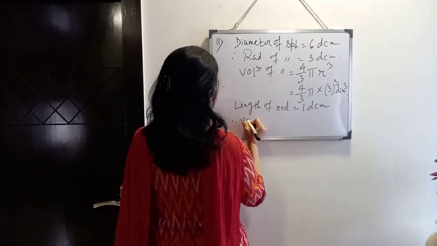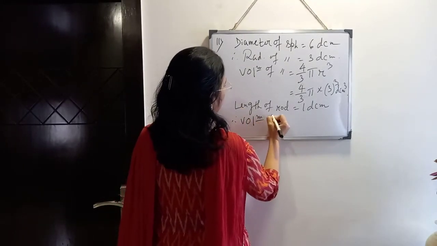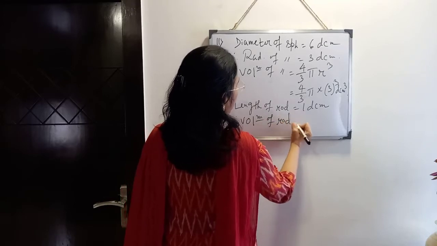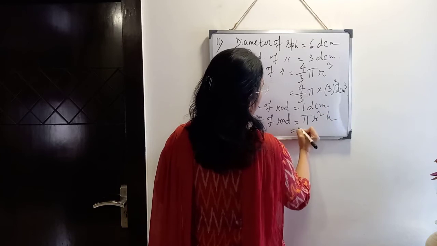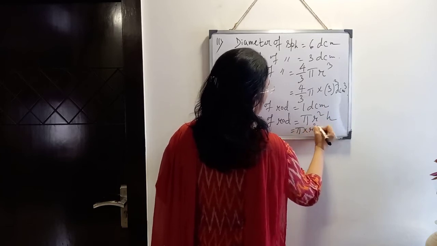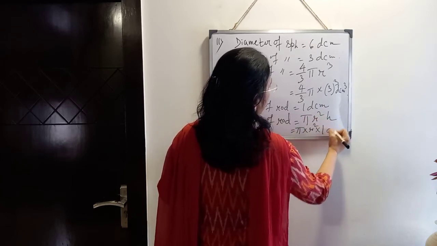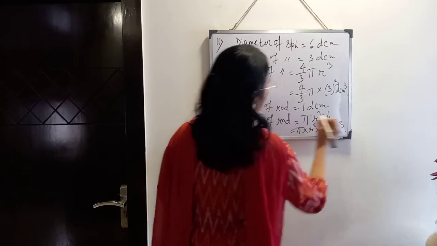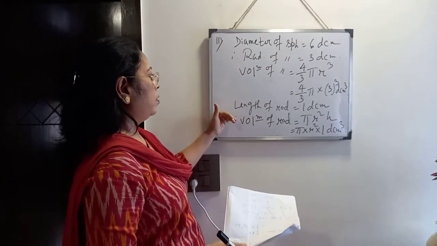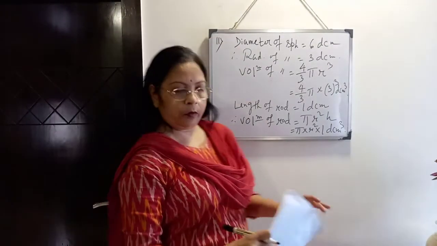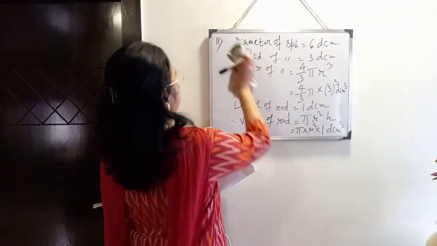Therefore, volume of rod, it is cylindrical shape, so pi r square h. That means pi r square unknown into h, 1 decimeter cube. Now again, by melting the sphere, rod is made. So again we will equate the volume.